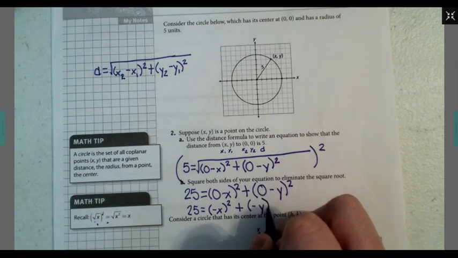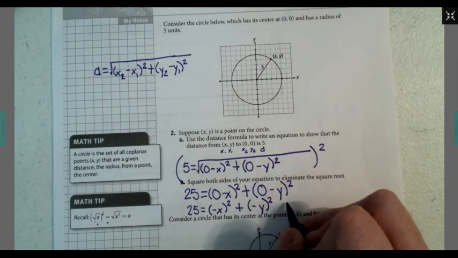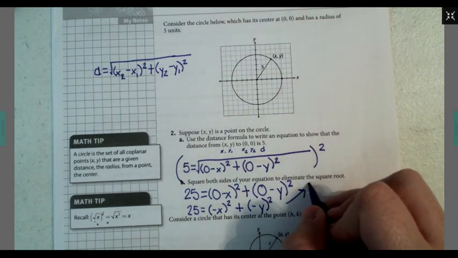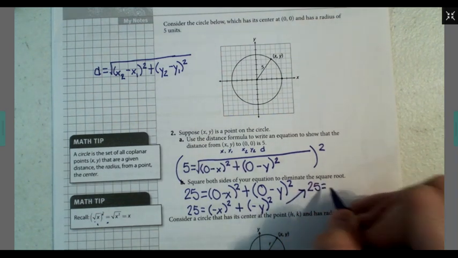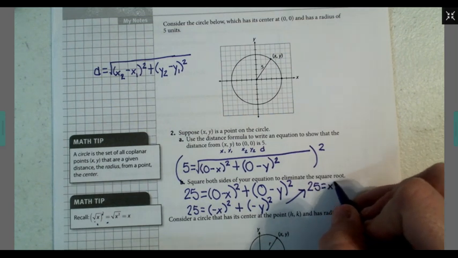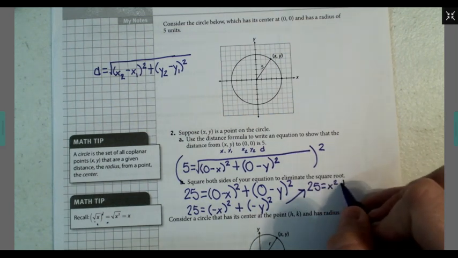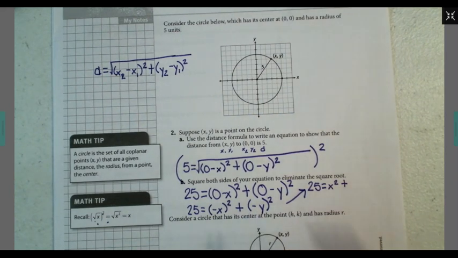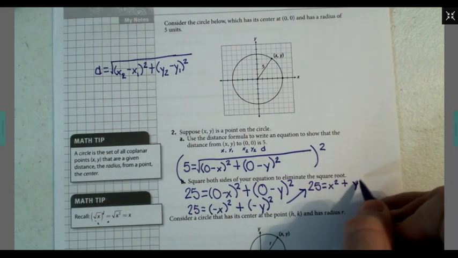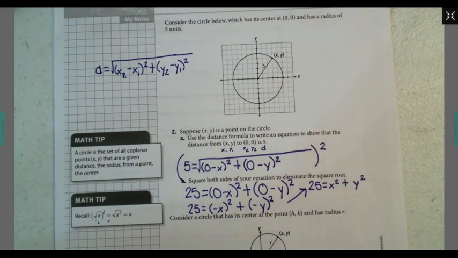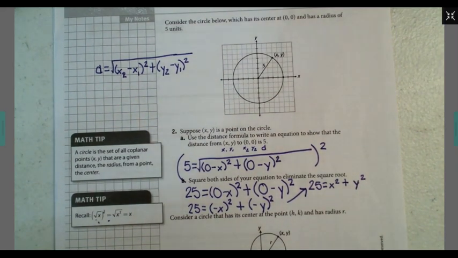Negative y raised to the second power, right? 25 equals, negative times a negative is positive, so that would be x squared. Negative times a negative is a positive, so that would just be plus y squared. So x squared plus y squared equals 25.